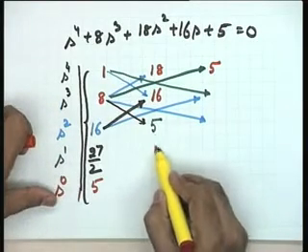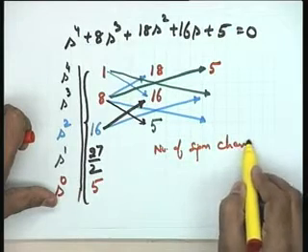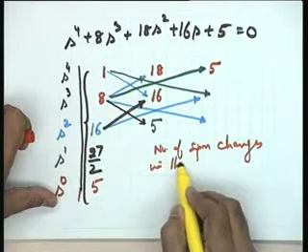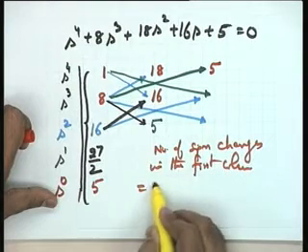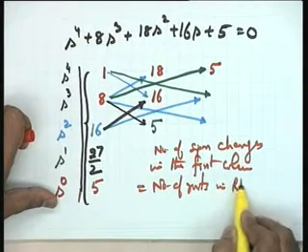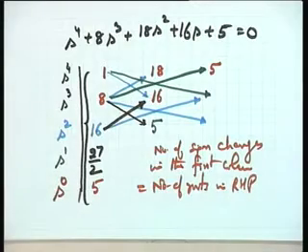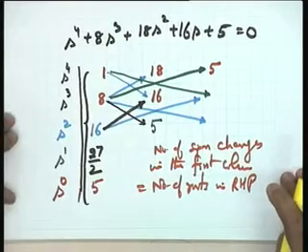So, I say that the number of sign changes in the first column is equal to the number of roots in the right half plane. So, it means the system is definitely unstable and additional information on the number of roots you can determine.